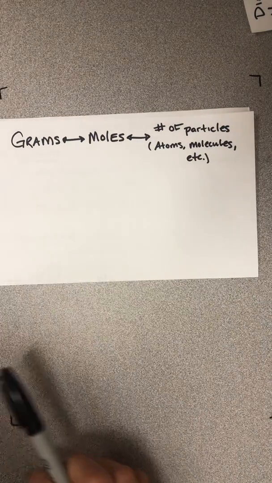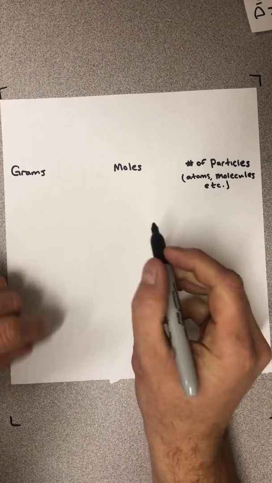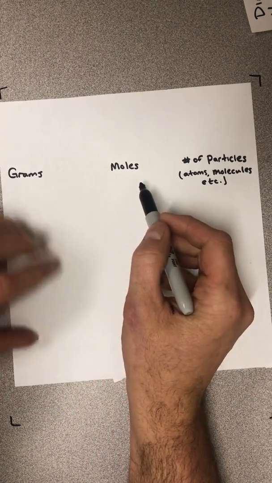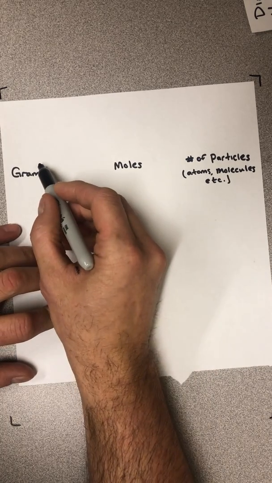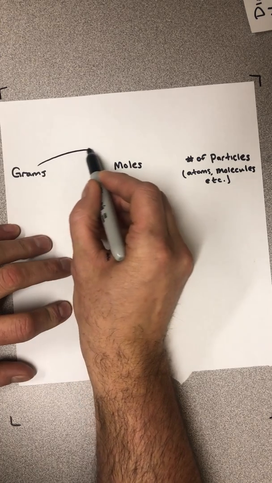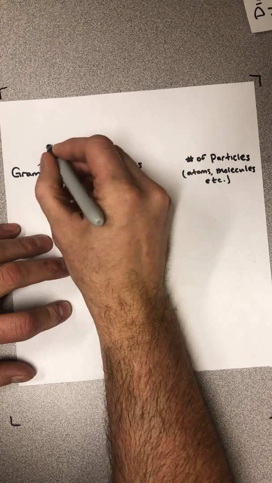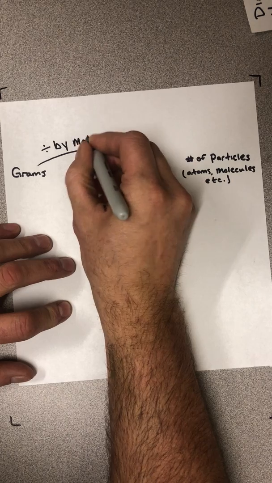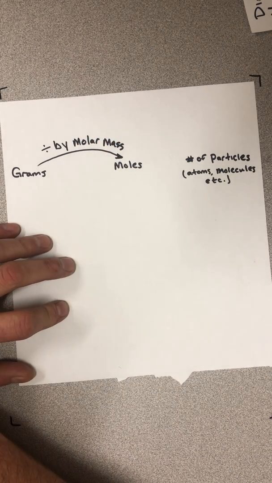So the first thing we'll do is look at what we call the subway map. The subway map is just sort of a graphic representation of the way that this conversion has to happen. So if you have the grams of a substance, if you want to convert that number of grams into moles, you do so by dividing by the molar mass of the compound or the element that is in the problem.